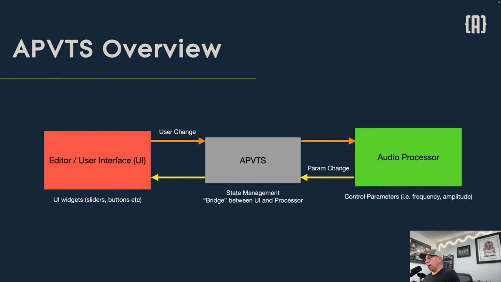Conversely, something we won't really get into today, something may happen in the audio processor. Some value may change, and that may need to be reflected in the user interface. So this data exchange can happen both ways, but the important thing to know is that the APVTS is what manages all of this transfer of data going from the editor to the processor, or from the processor back to the editor.